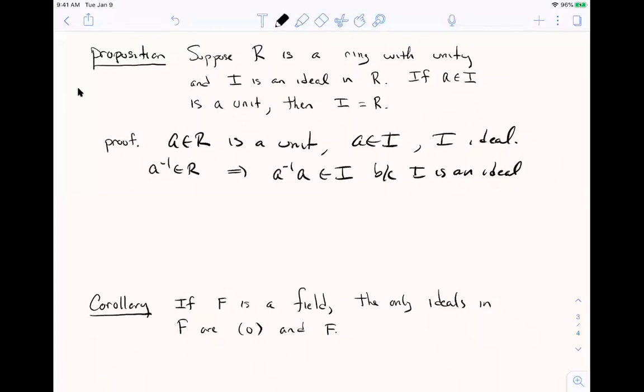Ideals are sticky. But the inverse of A times A is 1. So that means 1 is in the ideal. All right. But then for every element B in this ring, B is certainly 1 times B, and that's in I because I is an ideal. It's sticky.